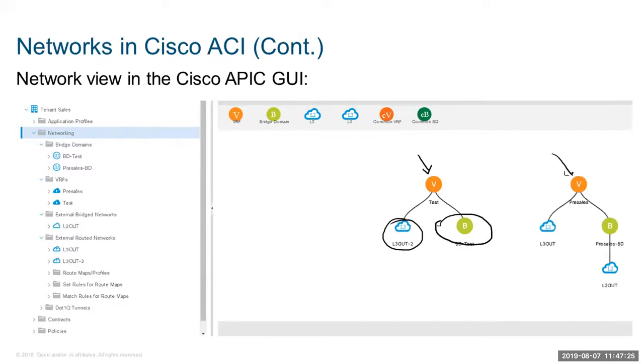This is another VRF. This particular tenant seems to have 2 VRFs, see? It shows you the topology diagram when you look at the networking folder. It's a network view of the relationship between the VRF, the bridge domain, any layer 2 connections, any layer 3 connections.